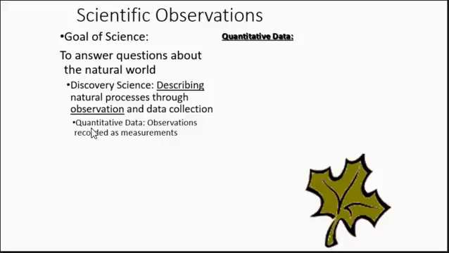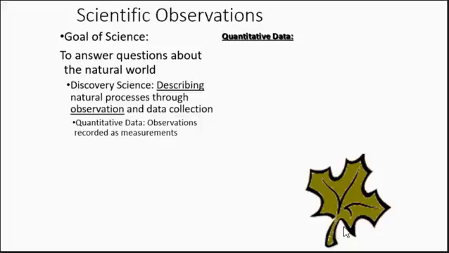Quantitative data, the root word is like quantity. Quantitative data is data that involves numbers, so measurements, counting, things like that. And in our project, we will be collecting quantitative data.